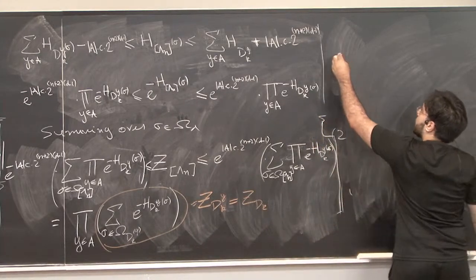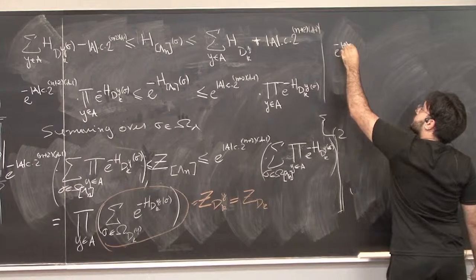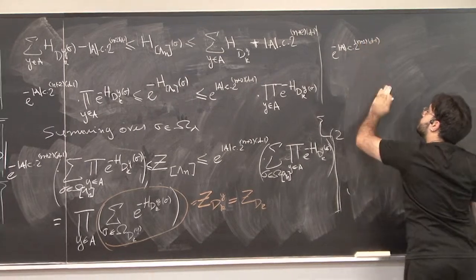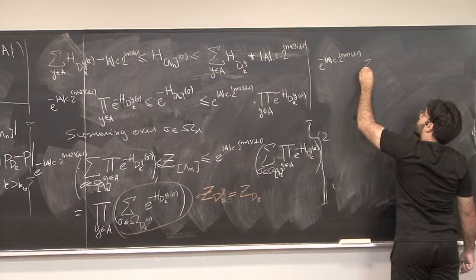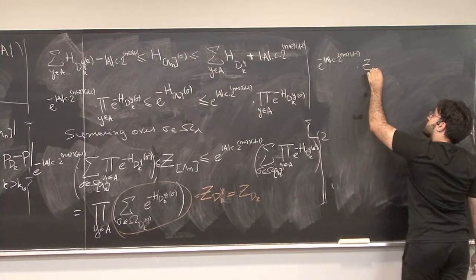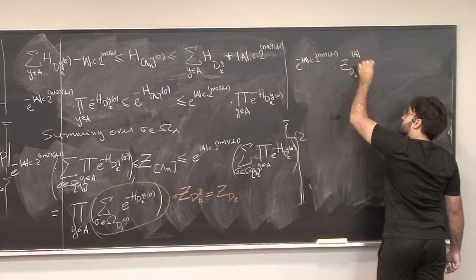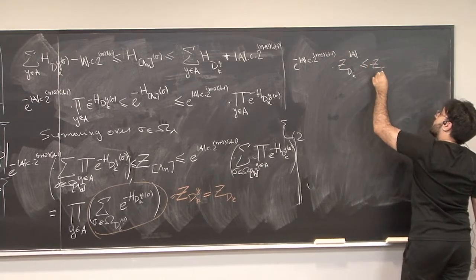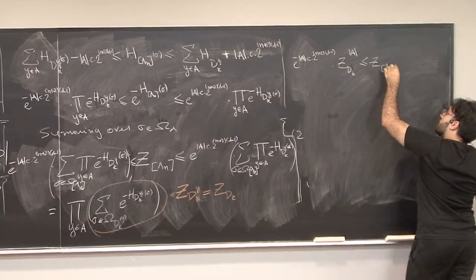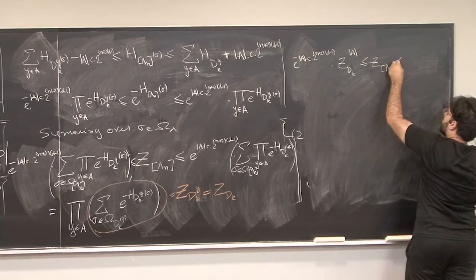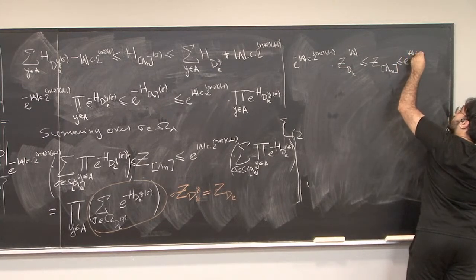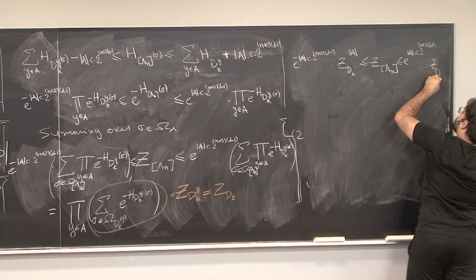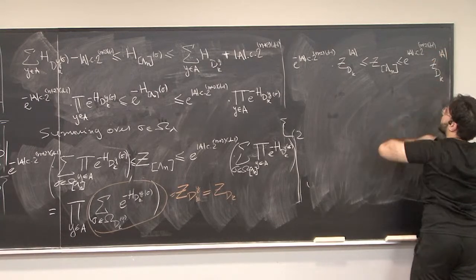So this will be exponential of minus A times C times 2 to the n plus 2d minus 1 times the partition function of Z_d to the power A, is less than Z, the partition function in the cover of lambda n, A times C times 2n plus 2 over d minus 1 times the partition function to the power A.